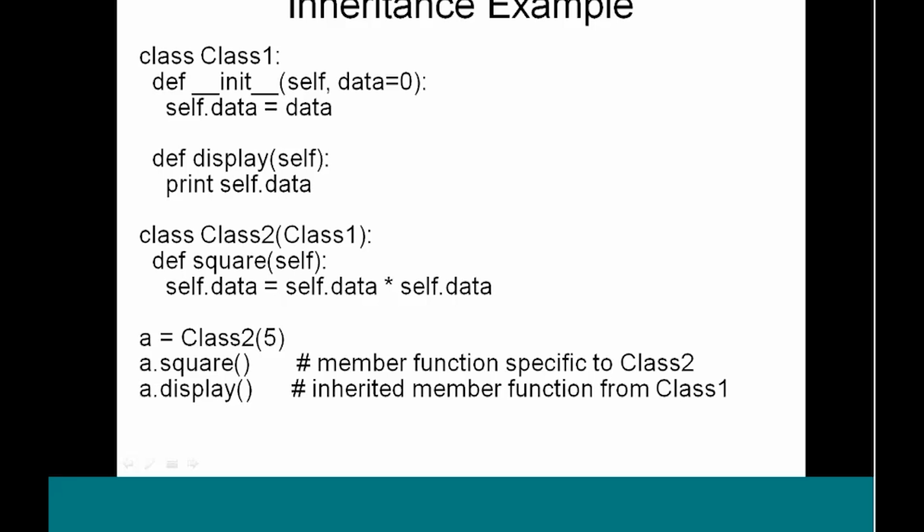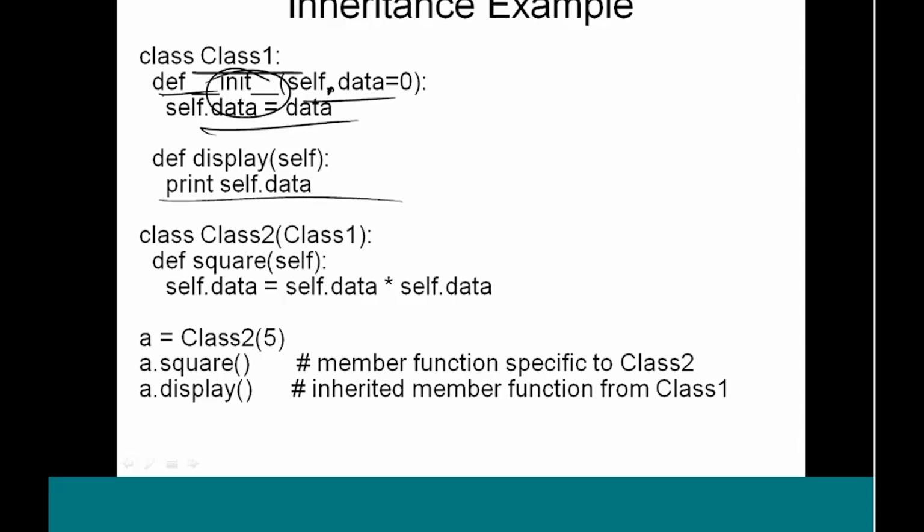So now let's look at an inheritance example, how to do the inheritance. Here we define the class as class 1, and then __init__ we define self.data equal to 0, and those are the starting conditions.